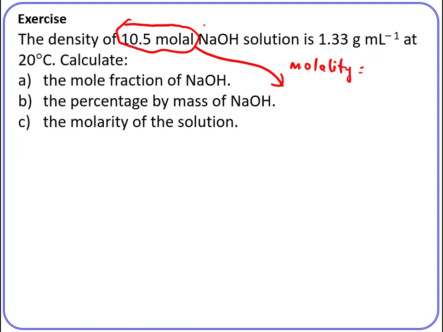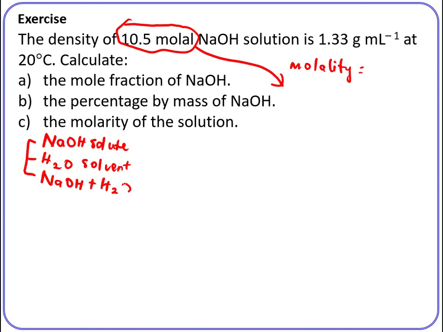So what do we have in this system? NaOH as the dissolved solute, water as the solvent, while solution is that sodium hydroxide with water made up the NaOH solution.